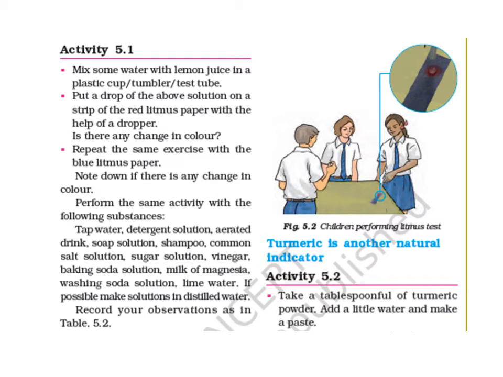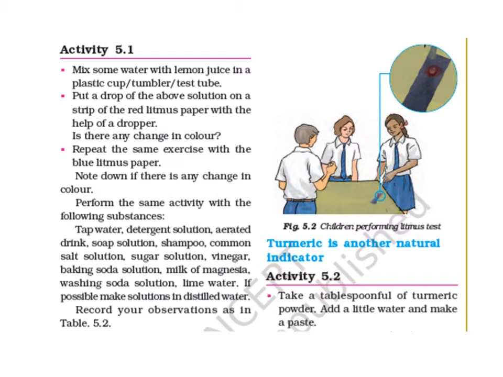So it is confirmed the given solution is basic in nature because the red litmus paper has changed its color into blue, but the blue litmus paper has shown no reaction. So what is the conclusion here? The given substance, that is detergent, is basic in nature.